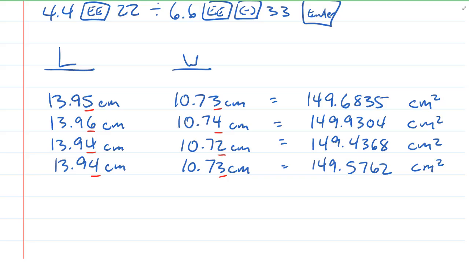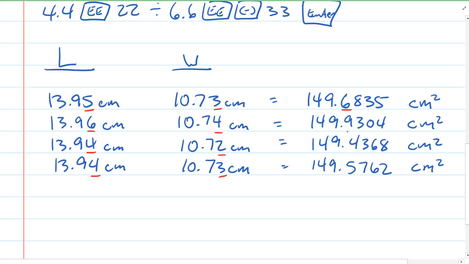Is the tenths place certain? Well, no, because what's happening here to the tenths place? They're all different. So here they were the same, here the same, here the same. These here now are all different. So that's telling us that the tenths place is the uncertain digit.